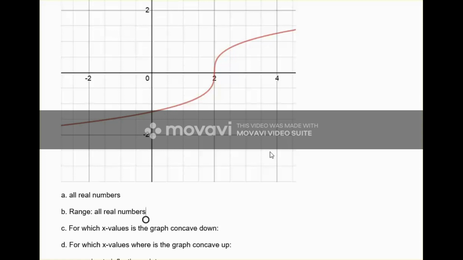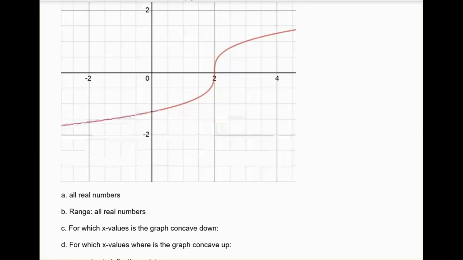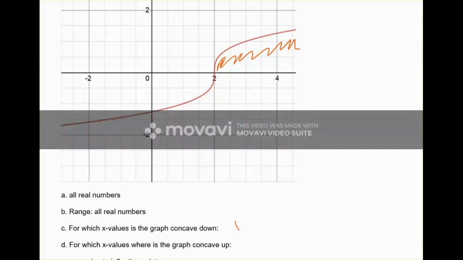Okay, where is it concave down? Let's see. We have concave down over here, right? So it looks like from x greater than or equal to 2, probably to infinity. So I'm going to say that x is probably just greater than 2. 2 might be the inflection point there.